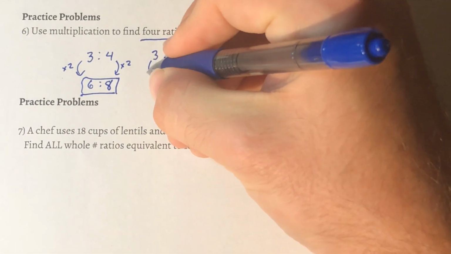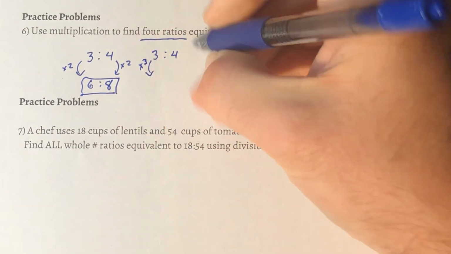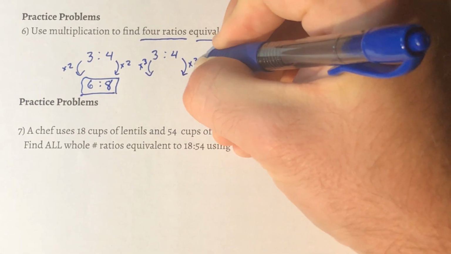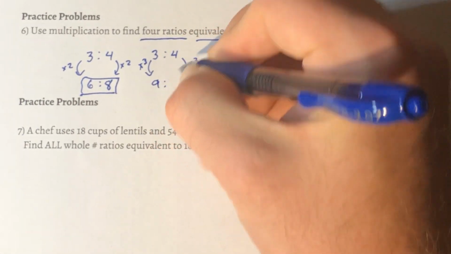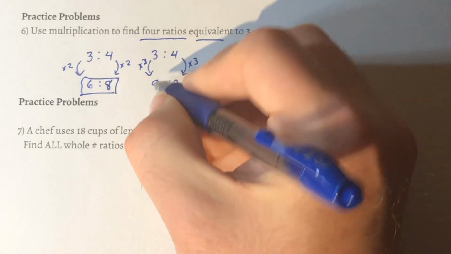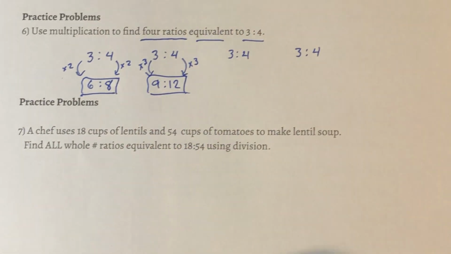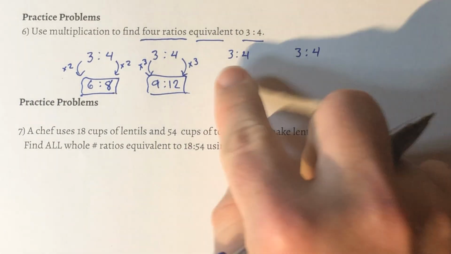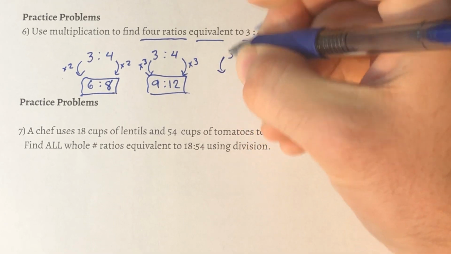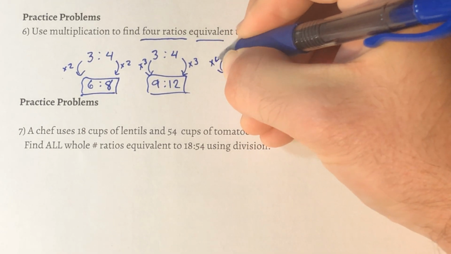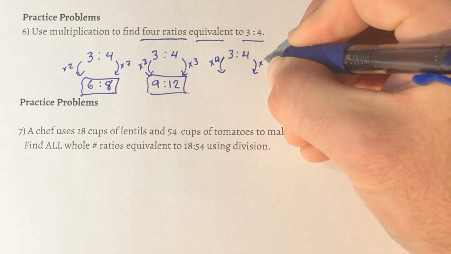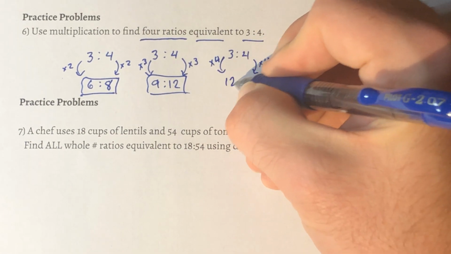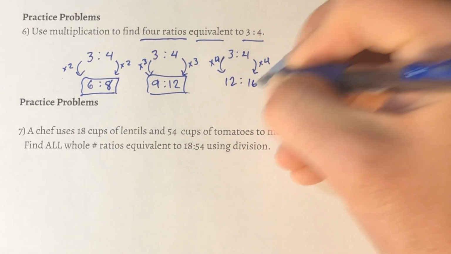All right, next one. Let's multiply by 3. 3 times 3 is 9. 4 times 3 is 12. This is our second answer. Next one, let's find another equal ratio. All right, let's multiply by 4. 3 times 4 is 12. 4 times 4 is 16.